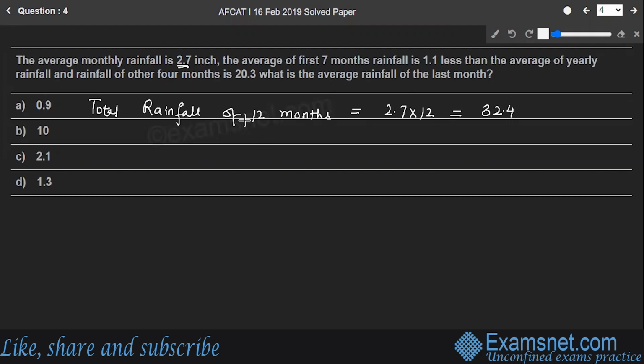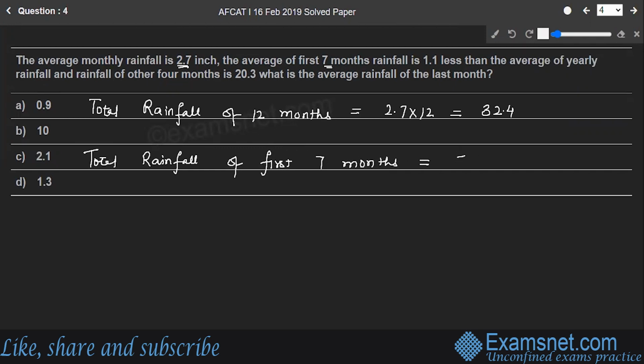32.4. And now it is saying you the average of first 7 months rainfall is 1.1 less than the average of yearly rainfall. So total rainfall of first 7 months.